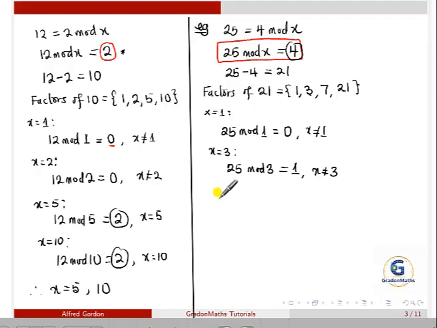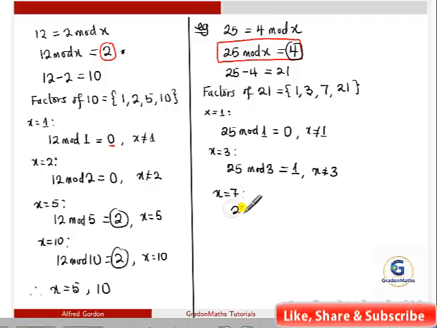Now when x is equal to 7, we are going to have 25 mod 7. What is 25 mod 7? 25 mod 7 here will give us 4. Yes, that means that really x is equal to 7.